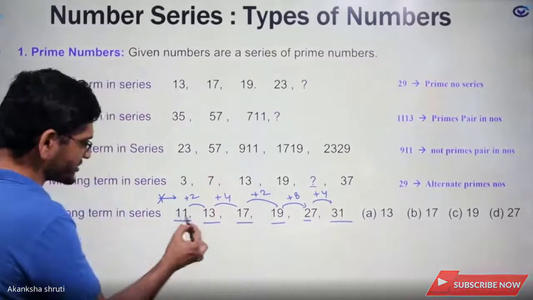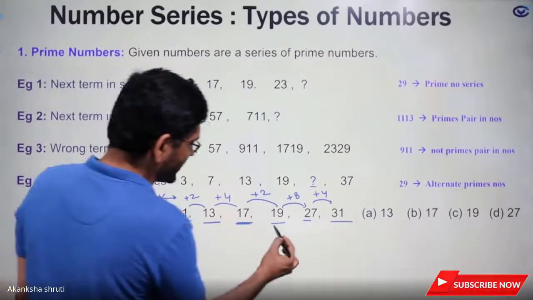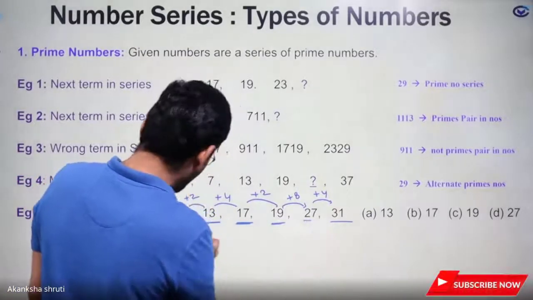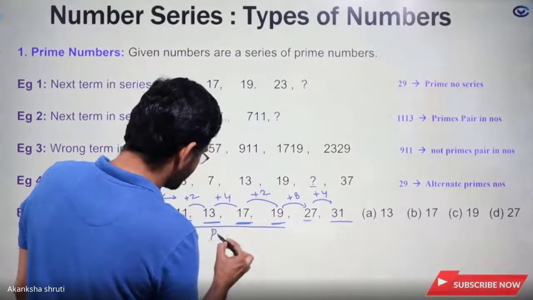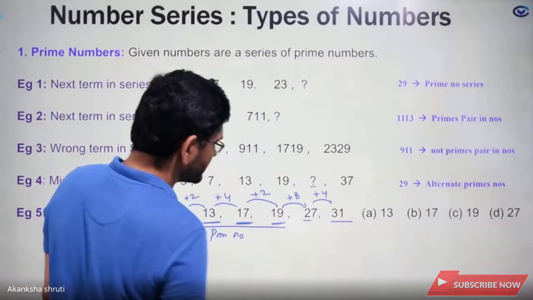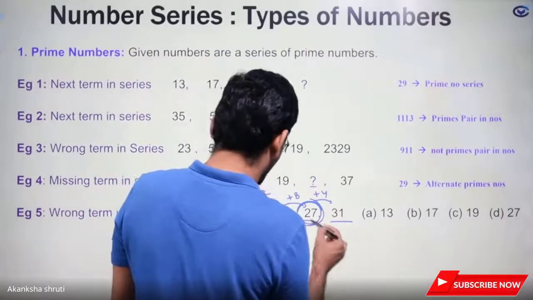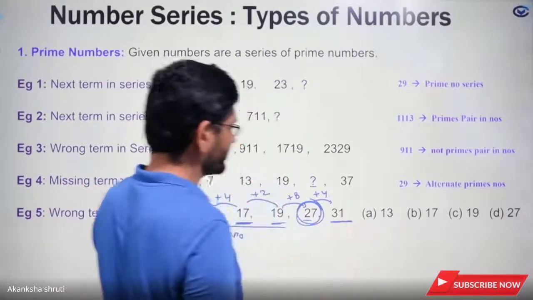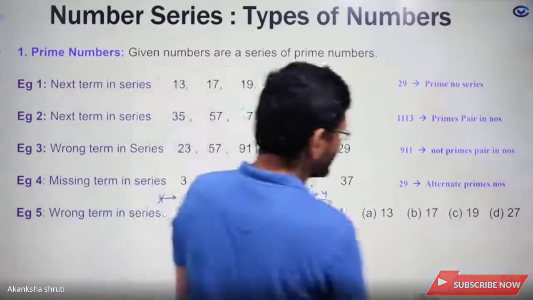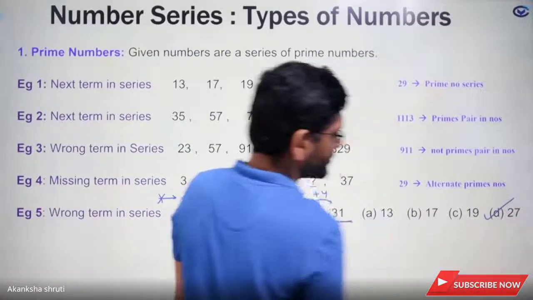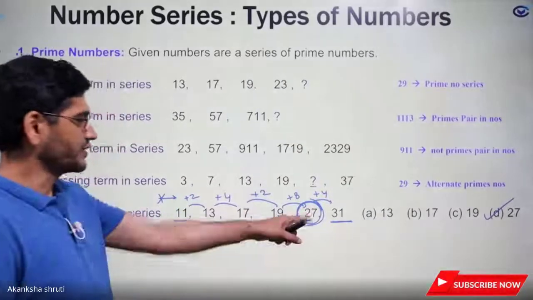But if you watch these numbers carefully, 11, 13, 17, 19 appear to me as prime numbers. But this 27 is not prime as it is divisible by 3. And 31 is also prime. So therefore 27 is the wrong entry in this series.